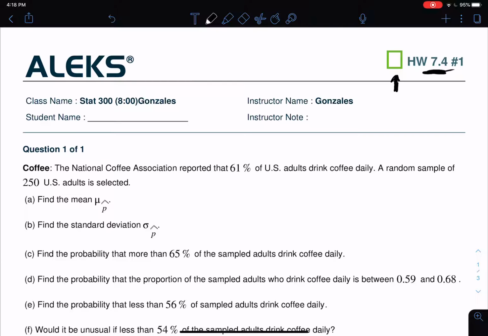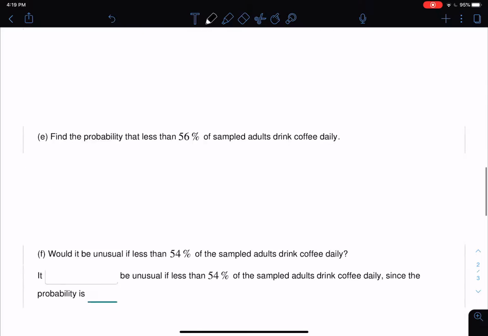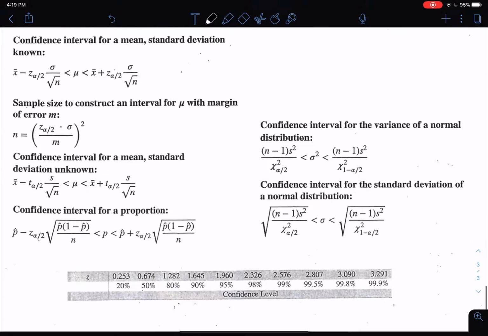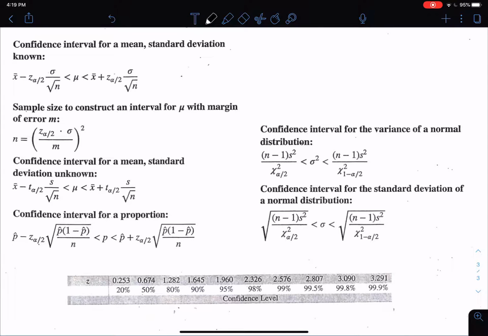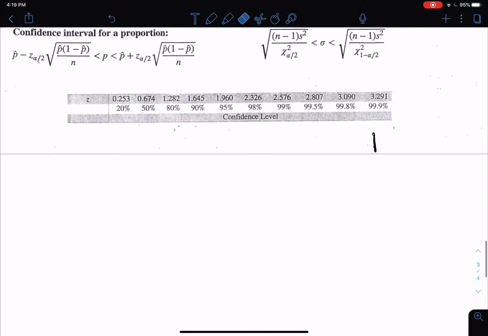Okay, so I would like to do a little talk about this before we start. I'd like to start with maybe a little mini lecture here. This is a sample.